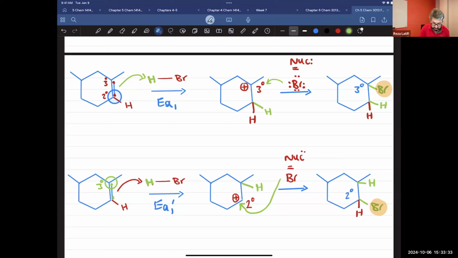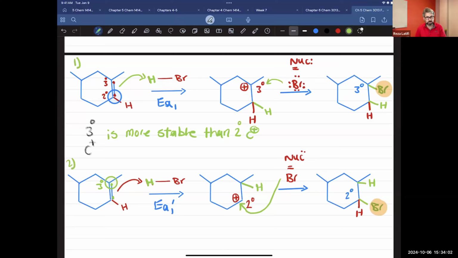Tertiary carbocation is more stable than a secondary carbocation, because the intermediate will be more stable for the first reaction.